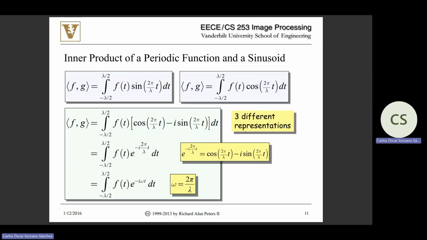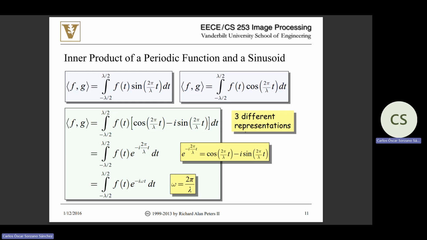This presentation with couple of signals can be done also that way, but I find it more confusing. I think it is clearer if you directly use the complex exponential. In my notation, this is capital omega. So his little omega and my capital omega are the same, and it is 2 pi divided by lambda, the wavelength.